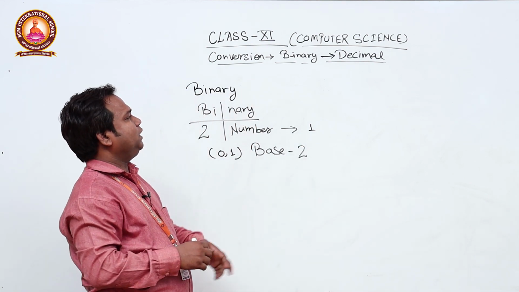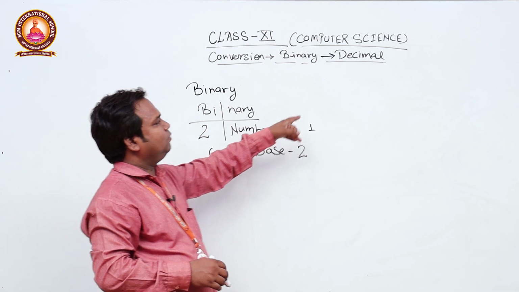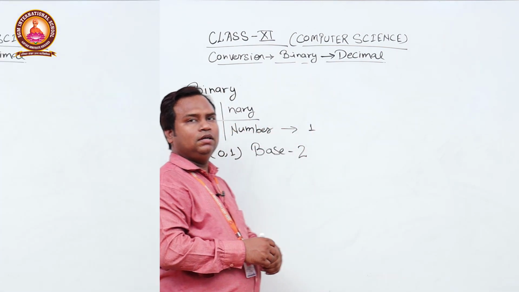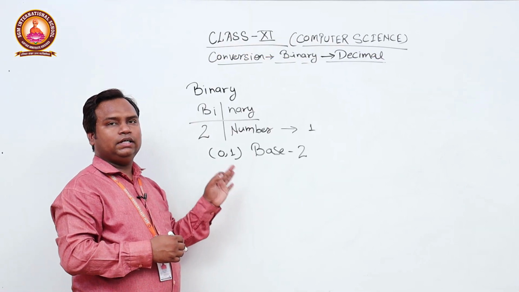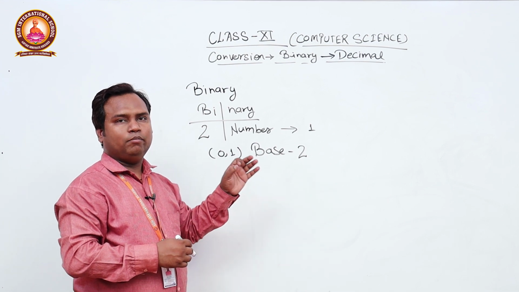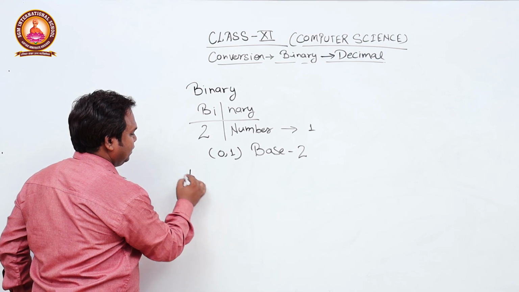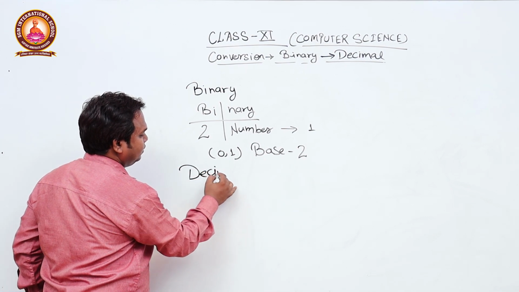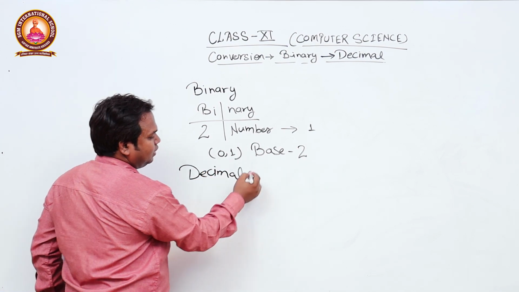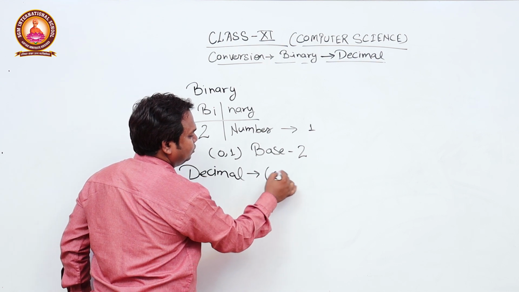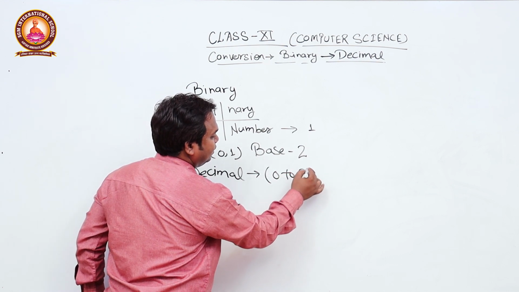In the same concept, we have to discuss decimal. Decimal means deci, means 10. Maximum value is 9. In decimal, the range is 0 to 9.